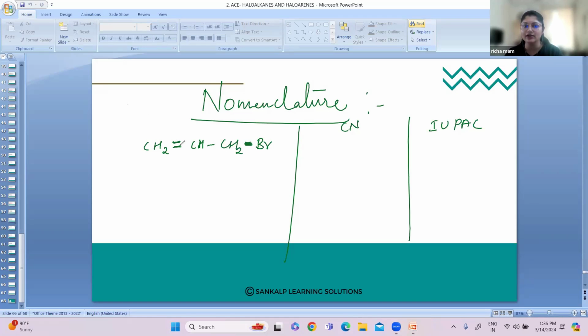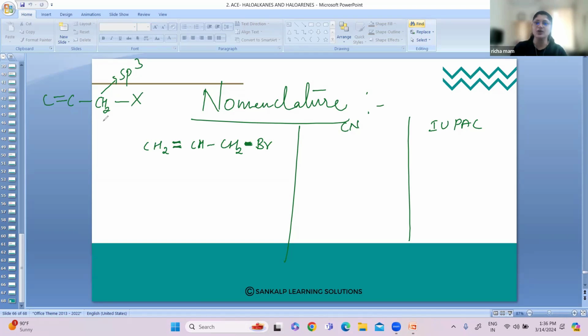In the classification, when you have a double bond system, the halogen atom is attached to a carbon which is sp3 hybridized and next to a carbon-carbon double bond.